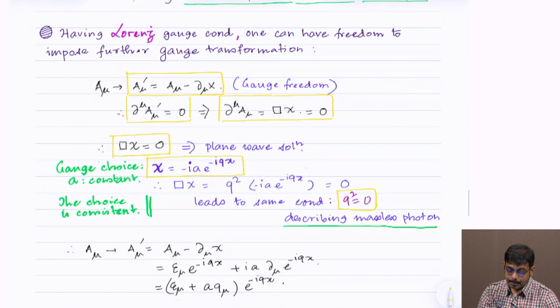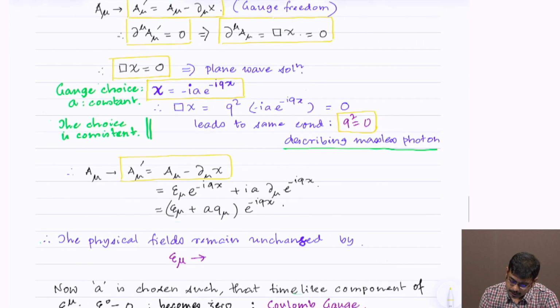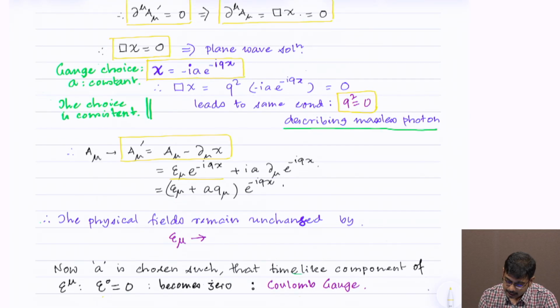Okay? Now, let us come back. What happens if I put this explicit solution that chi is equal to minus I a e to the power minus I q x into the definition that a mu goes to a mu prime, which is a mu minus del mu chi. So, a mu was epsilon mu q into e to the power minus I q x. Chi was chosen as minus I a e to the power minus I q x, and so this will be I a del mu of e to the power minus I q x, which will give you something like epsilon mu plus a q mu into e to the power minus I q x.